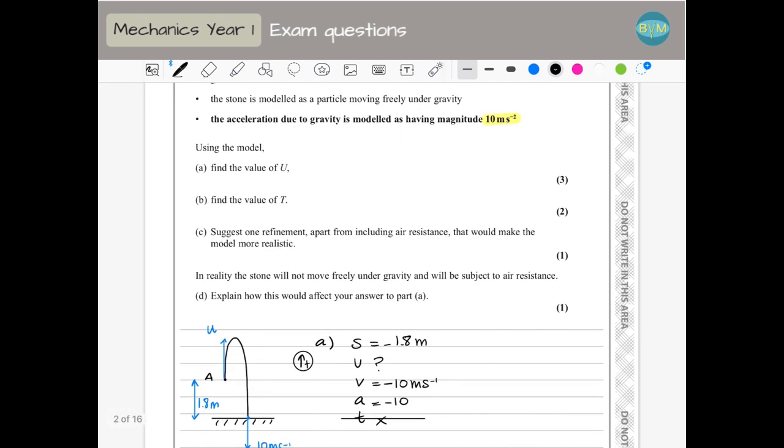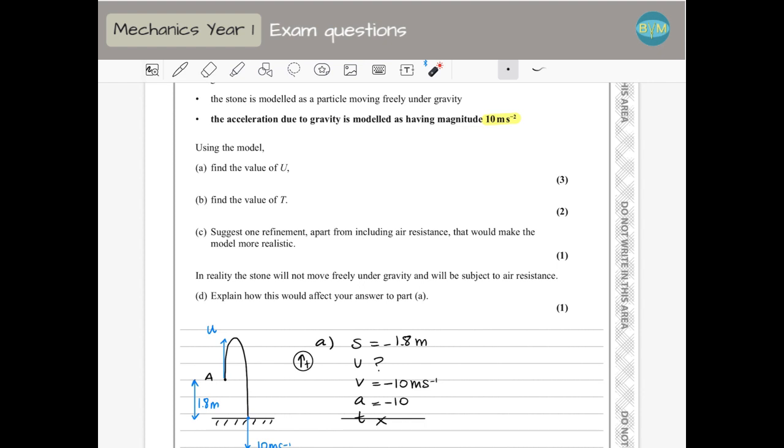Then they say, suggest one refinement, apart from including air resistance, that could make the model more realistic. This is a very common question. It's usually 1 mark, and they always tell you other than air resistance. So you have to have all their answers in your head. I would say every time you work with gravity, a more accurate value of gravity.